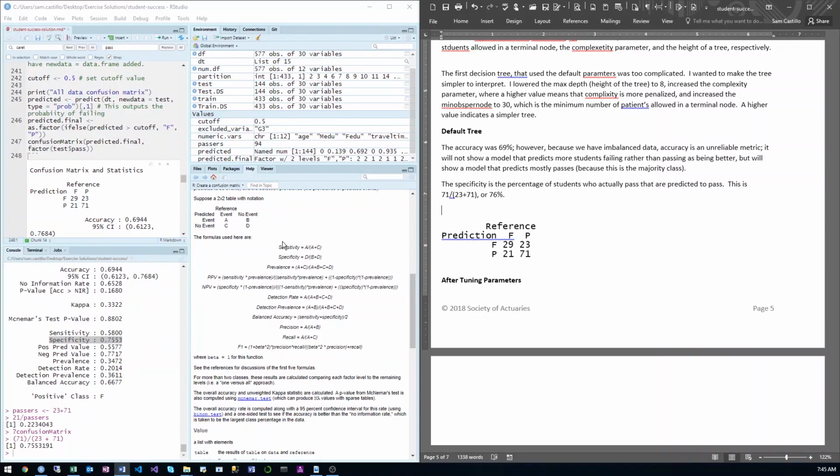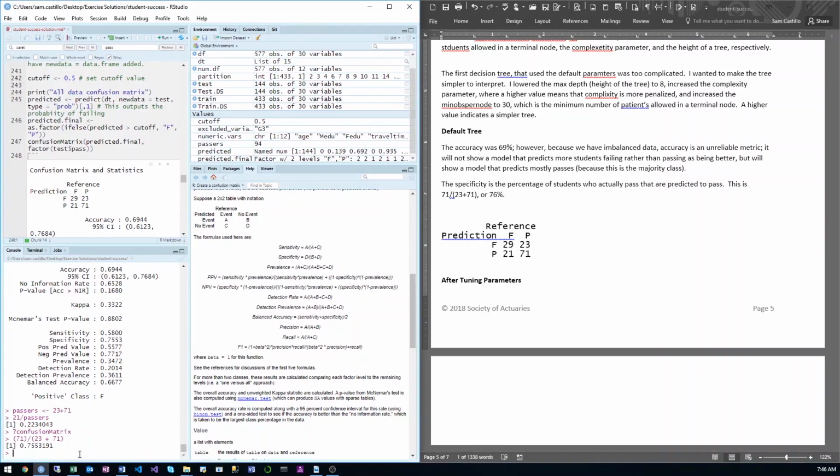Sensitivity, again, is the ratio of predicted failures to actual failures. A over A plus C. So A is the true negatives. I always get these mixed up. I believe this is true negatives over A plus C, which is the total failures. So it's the ratio of students who are predicted to fail who actually failed divided by the total failures.